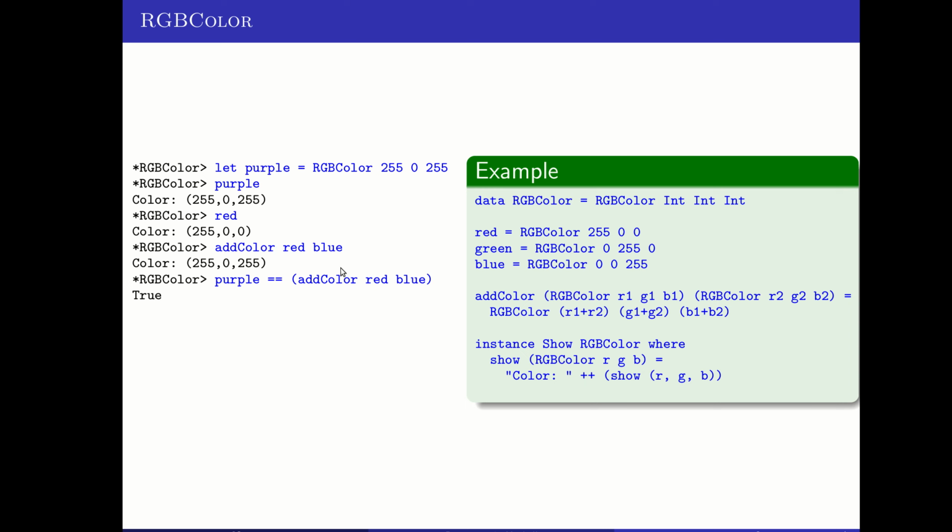Okay, and then I did not, in this case, derive from show. And the reason I didn't derive from show is because I wanted to manually define how these would be shown. If I didn't manually define how they would be shown, it would simply say RGB color and then the 3 numbers, no parentheses or anything, just one statement.